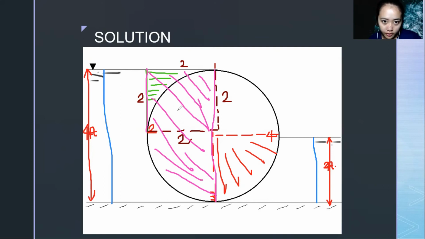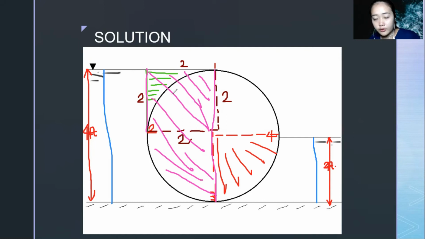So to get the volume in this area, we're going to add the area in this shape, the square one, and in this one.